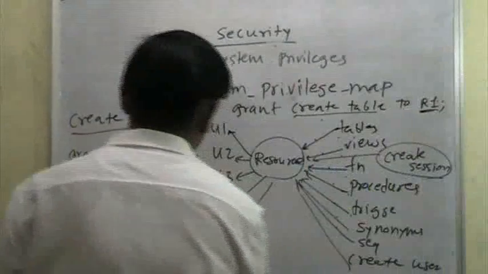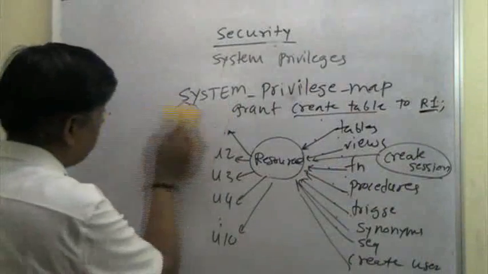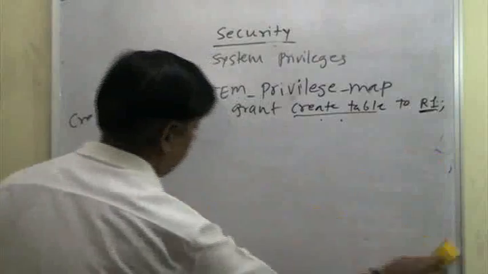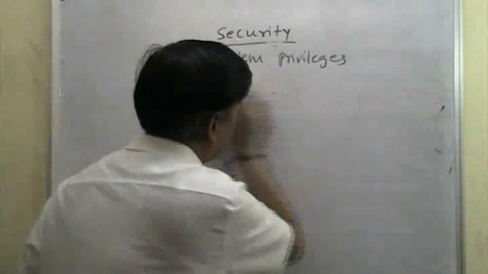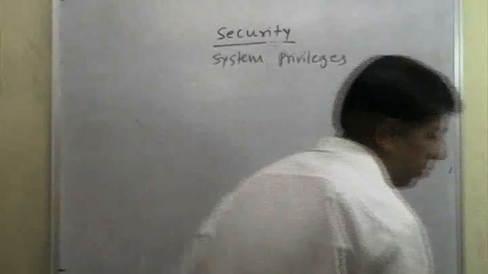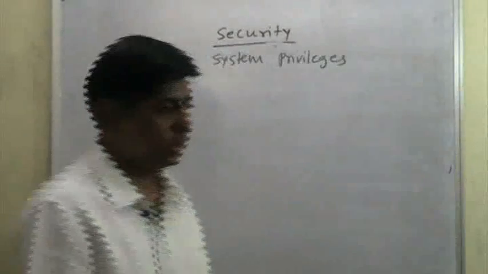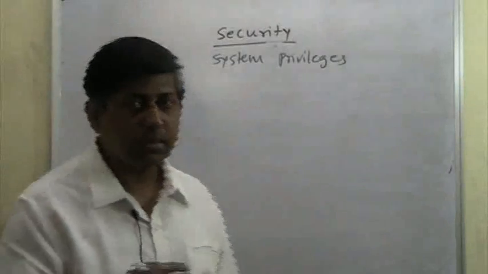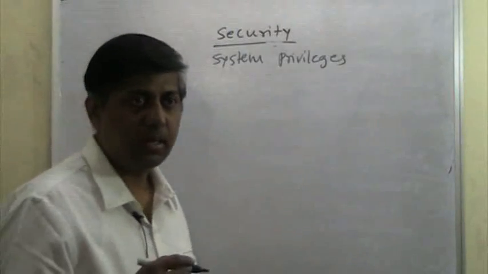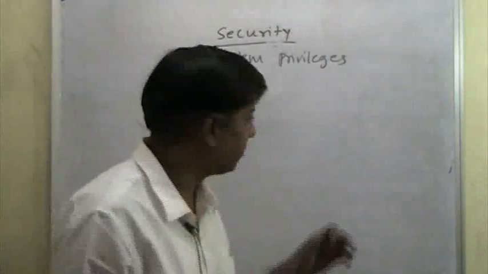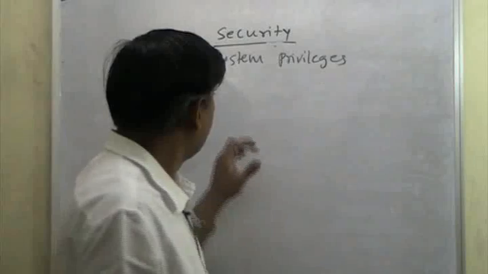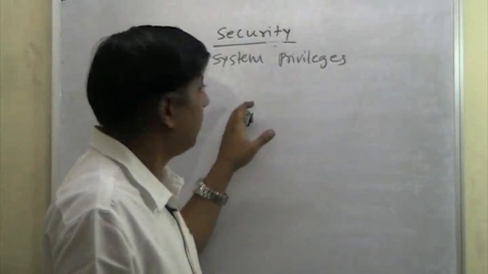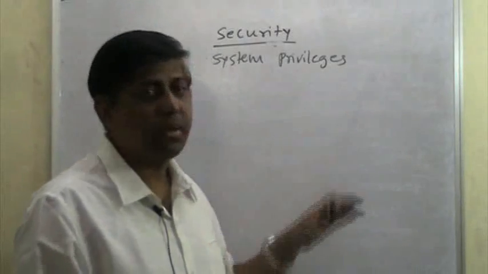So now, to summarize, what is a system level privilege? A privilege that is granted to a user without any object in the middle. That is a system level privilege, and then that system level privilege can be granted to a role.